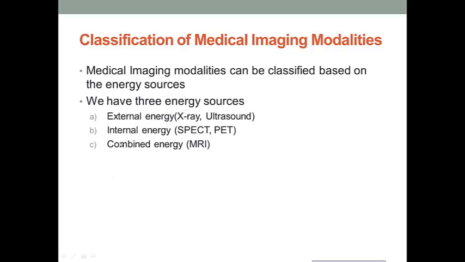Also, there is internal energy, where the energy is from inside, such as SPECT and PET. Besides purely external or internal energy, we also use combined energy. This combined energy is mainly used in MRI.